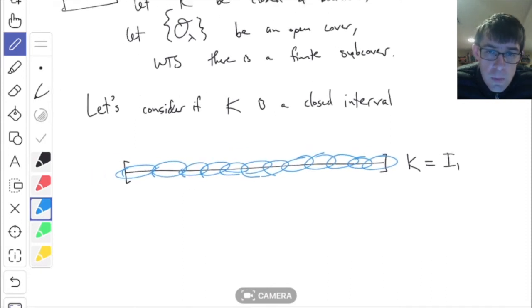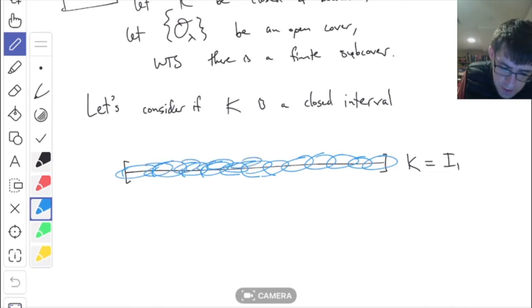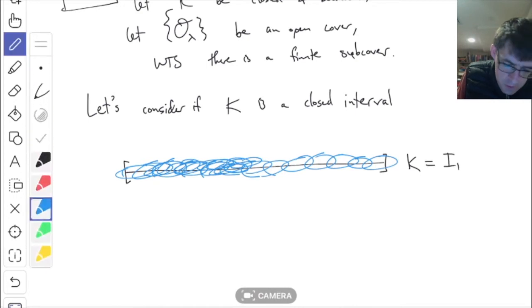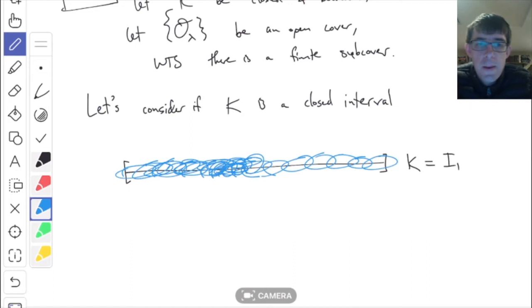So when we're drawing the picture, act like it's not finite, right? What it means if it's not finite is somewhere along here, there's actually infinitely many of them. Maybe there are only finitely many on the right side, but over here somewhere, there's a place where, for some reason, there's infinitely many of them.